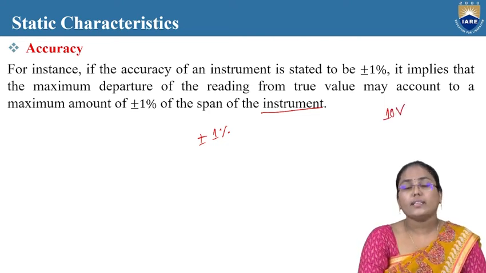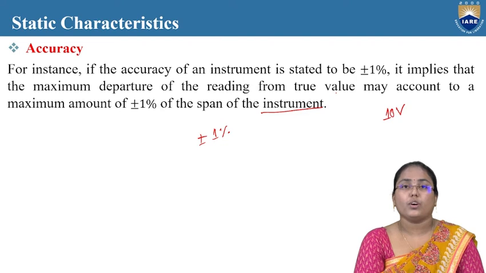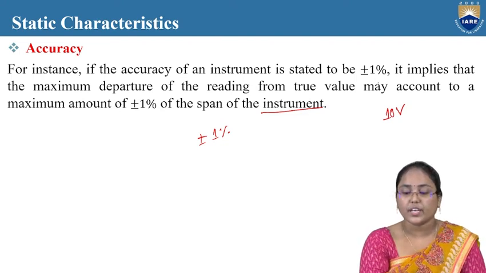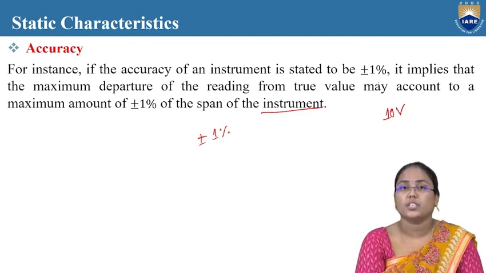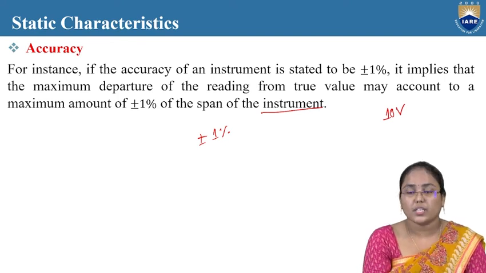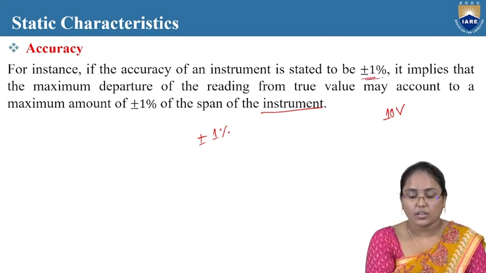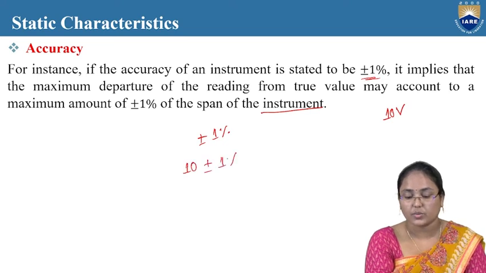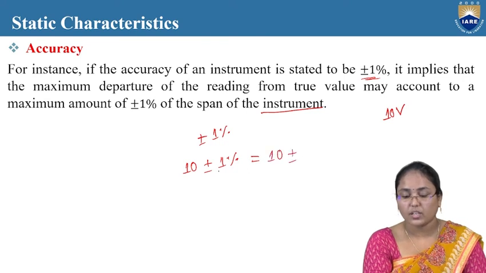It is already stated that there is a variation of plus or minus 1% in this instrument, so the reading will vary by 10 plus or minus 1%. This 1% is nothing but 1% of 10 volts, so it will be 10 plus or minus 0.01 volts.